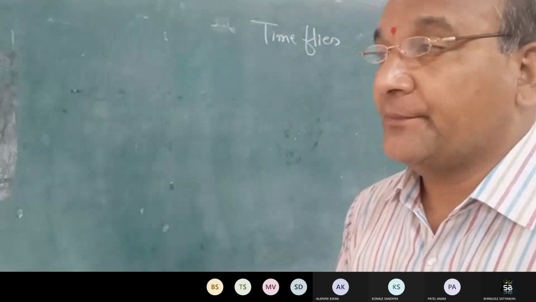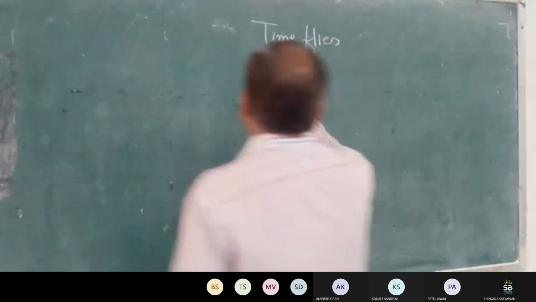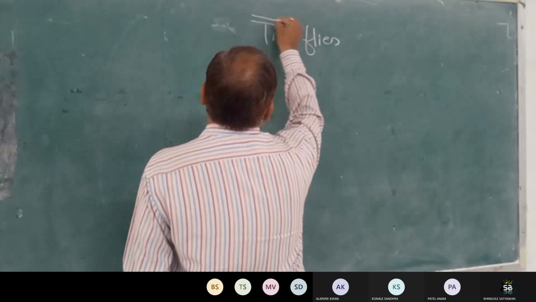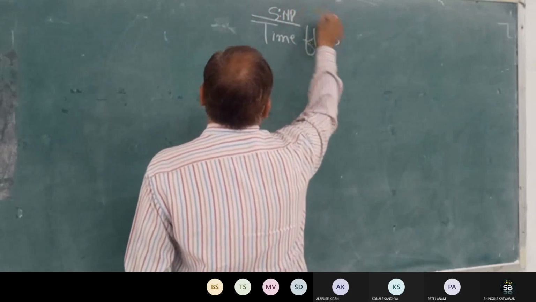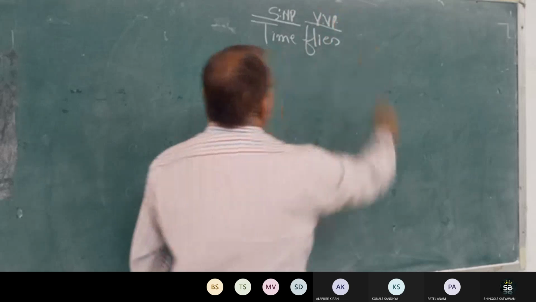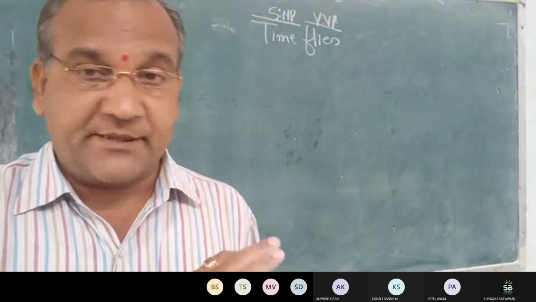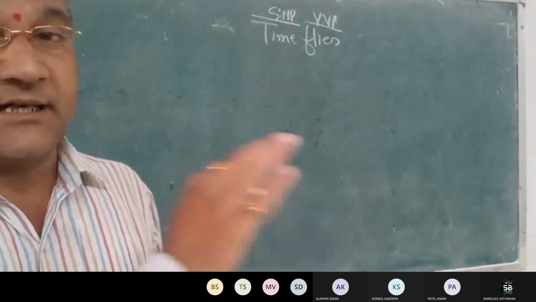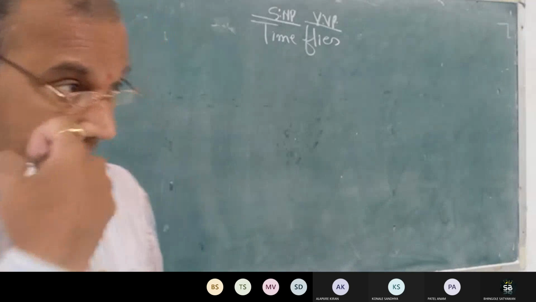What will be the structure? If I consider time as a subject and flies as a verb, I'll get one meaning. Time as a subject means it's a noun, and flies as a third person singular present tense verb.